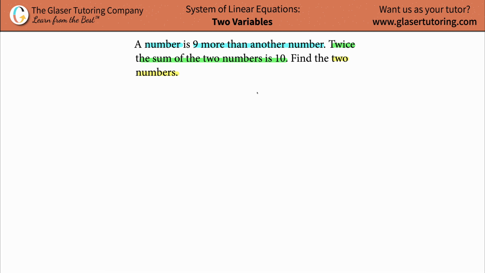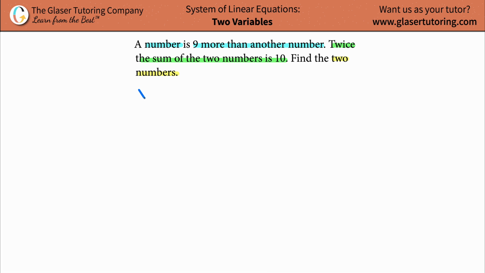It doesn't matter what letters you use. You want to use A, B, C? Go right ahead. X, Y, Z? Sure. Usually what I do is I always like to use X because that's the general variable that we always use, and then if I use X, I usually go to Y. But if you want to use A and B or two other letters, that's fine with me.